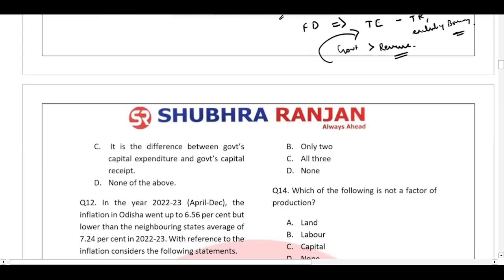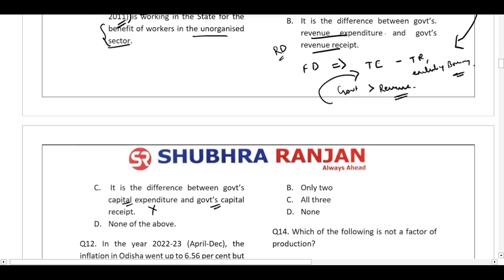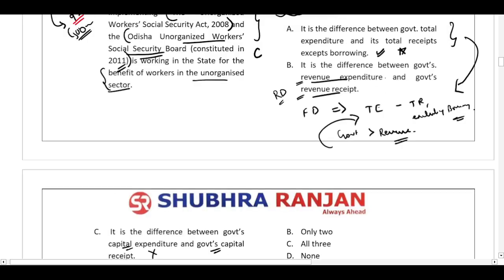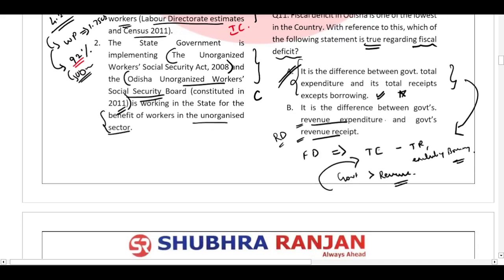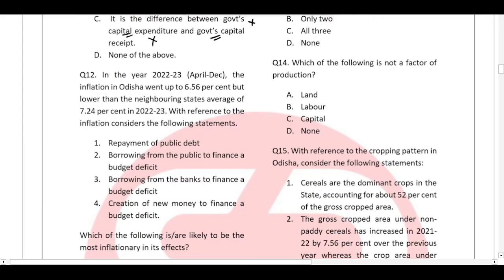The difference between capital expenditure and capital receipt. Again, this is talking about only the capital component, like this point talked about the revenue component. So that is also wrong. So the correct option is option number A, which is the exact definition of fiscal deficit. Let's move on to the next question.